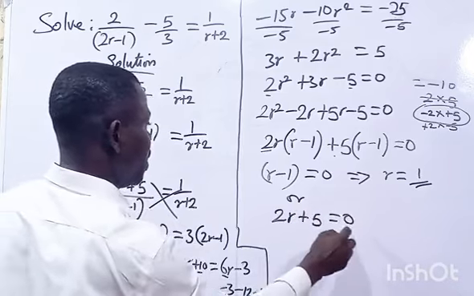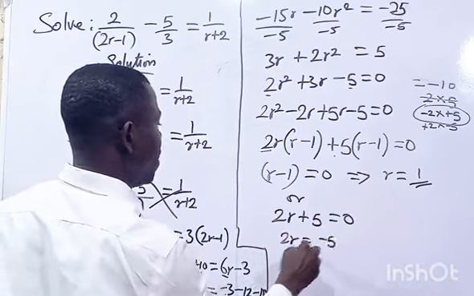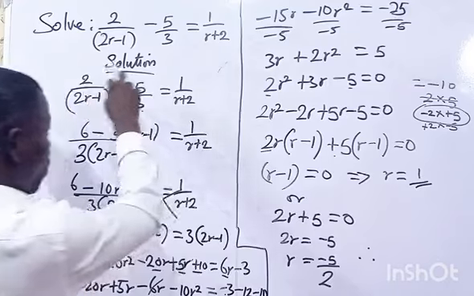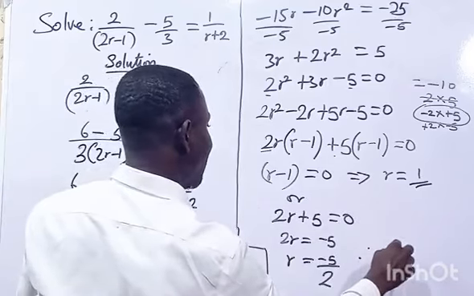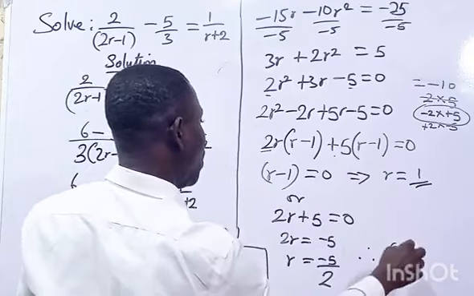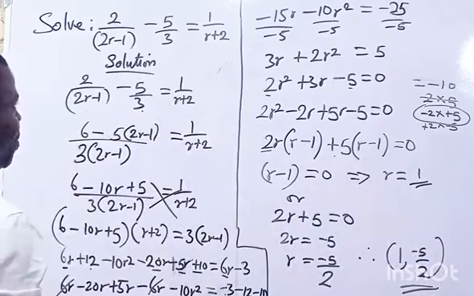If you solve this, you have 2 arrow equal to minus 5, whereas arrow equals minus 5 over 2. So therefore, the solution to this question is that arrow is equal to 1 or arrow is equal to minus 5 over 2.